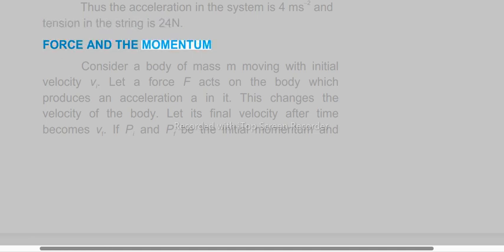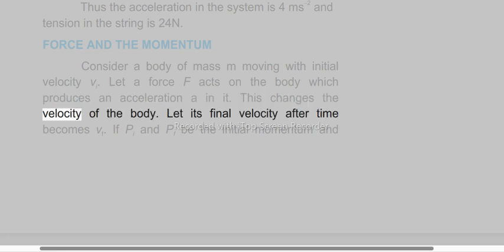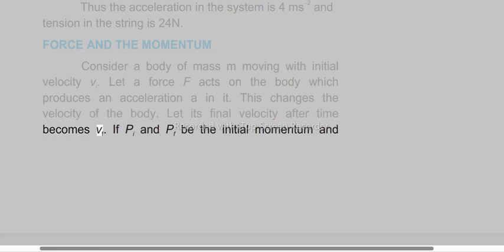Force and the momentum. Consider a body of mass m moving with initial velocity vi. Let a force F act on the body which produces an acceleration in it. This changes the velocity of the body. Let its final velocity after time t become vf.